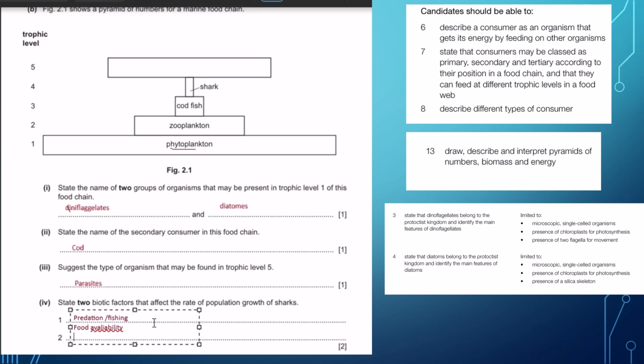You could also talk about parasites, which would reduce the growth rate. So here I'll say this will reduce, this could increase, and this would reduce.